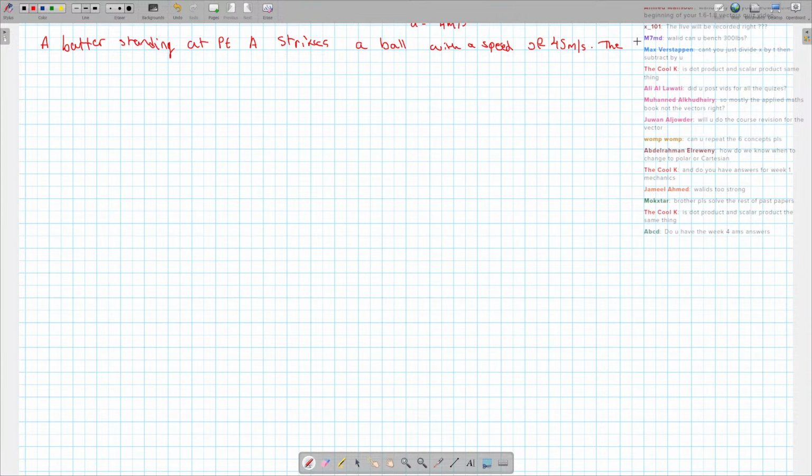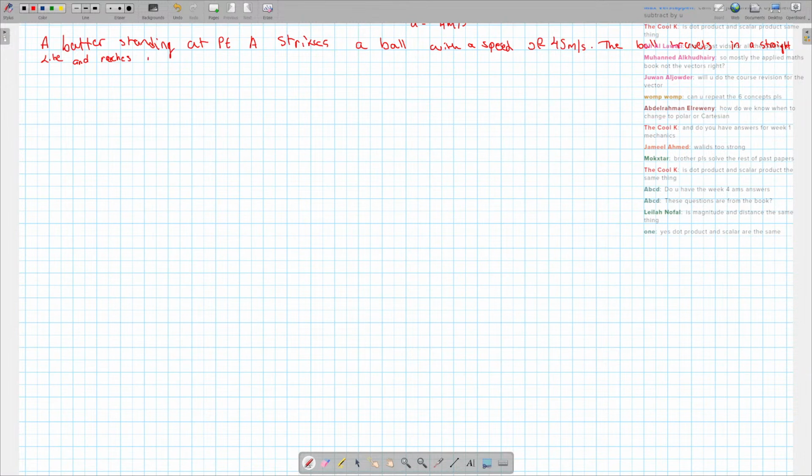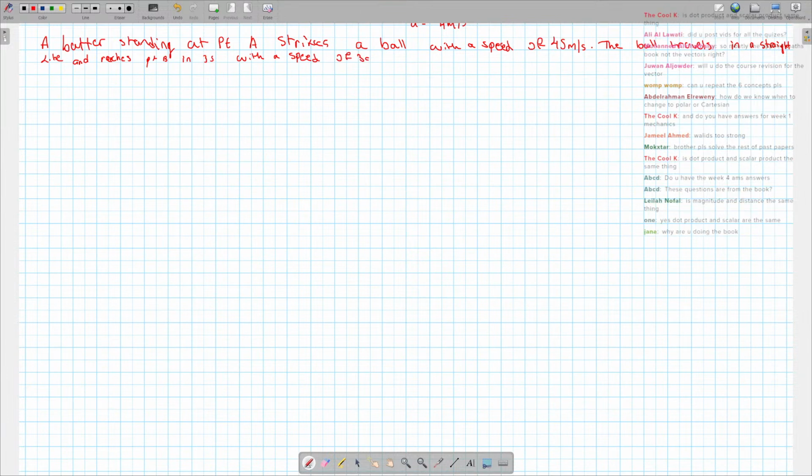The ball travels in a straight line and reaches point B in 3 seconds with a speed of 30 meter per second.